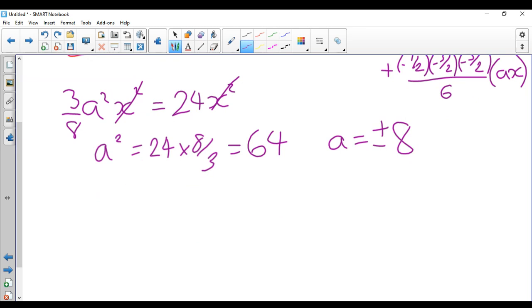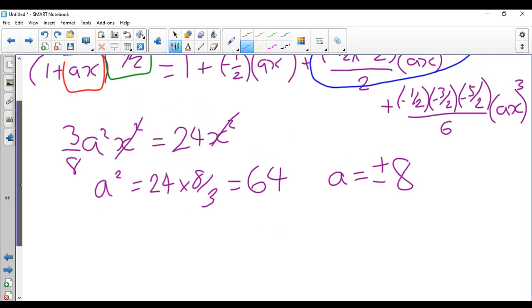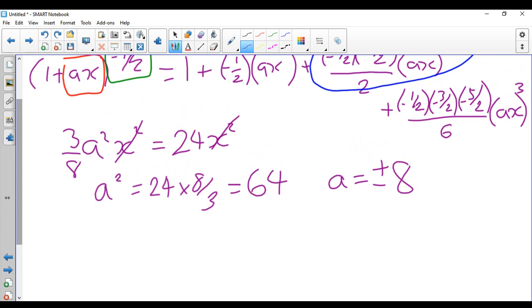So let's go up a little bit. The coefficient of x cubed: 3 minuses make a minus, a half times that, so that's 15 over 8, all over 6, a cubed.